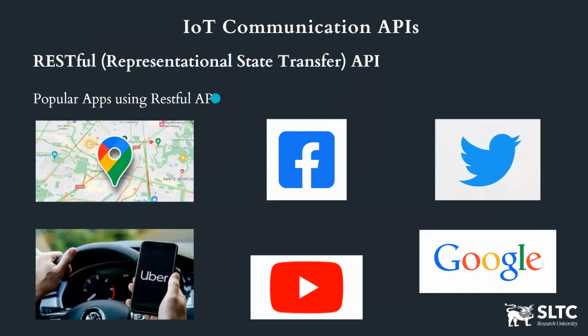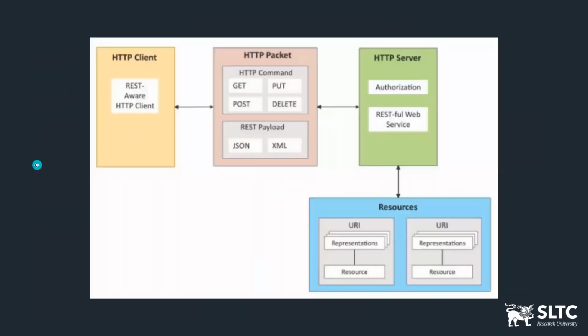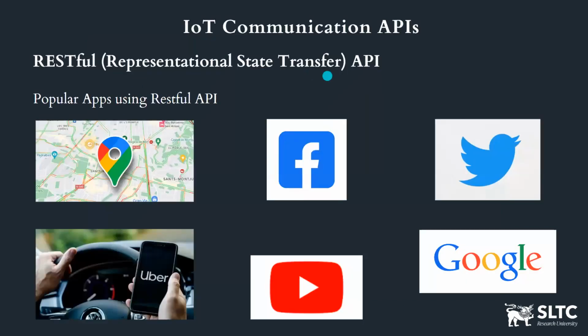So when we go back to the definition, representational state transfer, it means that we will be accessing a resource that is represented in a certain way, such that its updates are also taken into consideration.